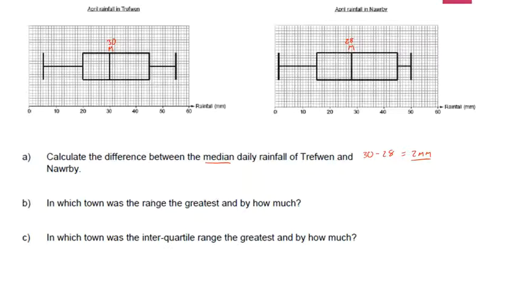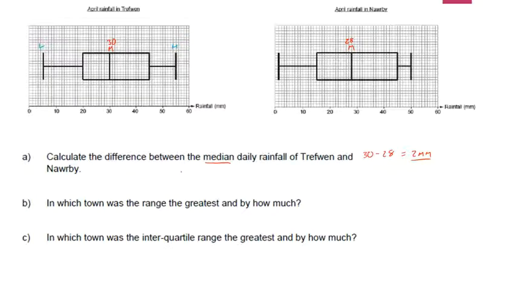In which town was the range the greatest, and by how much? The range is the highest value take away the lowest value. Okay, that's how we find the range. So the range for Trefwen is this value here, which is 55, take away this value here, which I believe is 5.